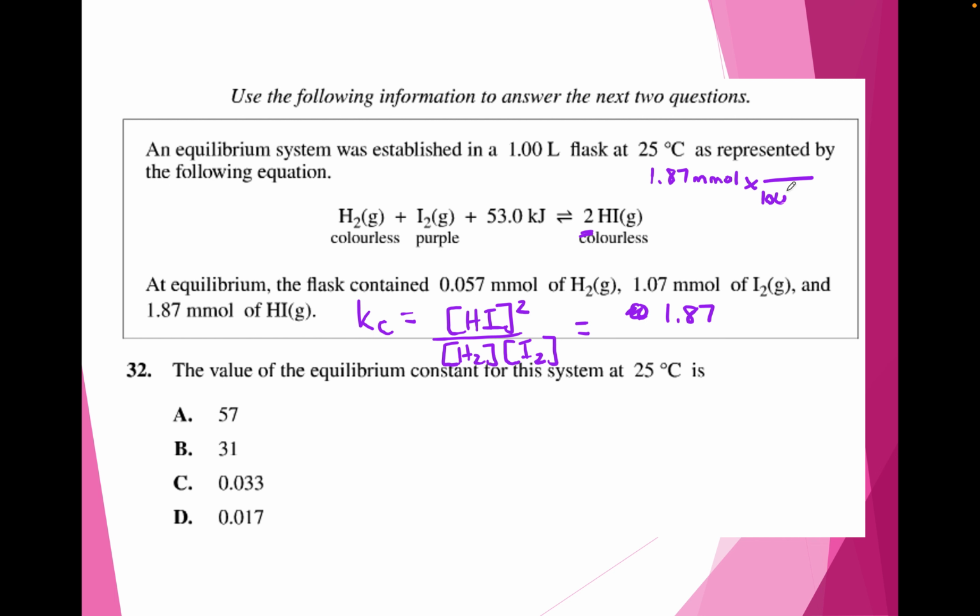There's 1,000 millimoles in 1 mole, so we're just going to quickly do those calculations. That's just going to change where your decimal is. Sorry, I have my calculator right here, 0.00187. I should just be able to do that in my head, but I just want to make sure I don't mess that up. So I'm just going to continue down here. 0.00187, that value will be squared.